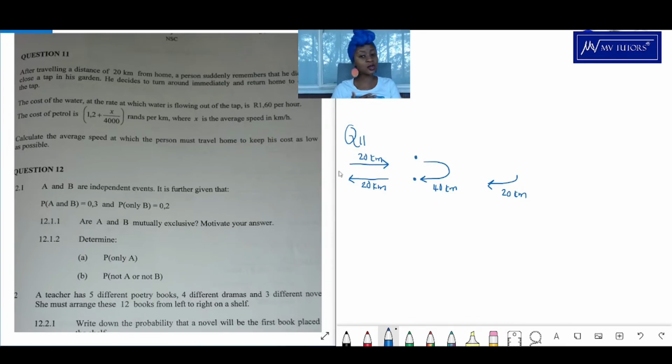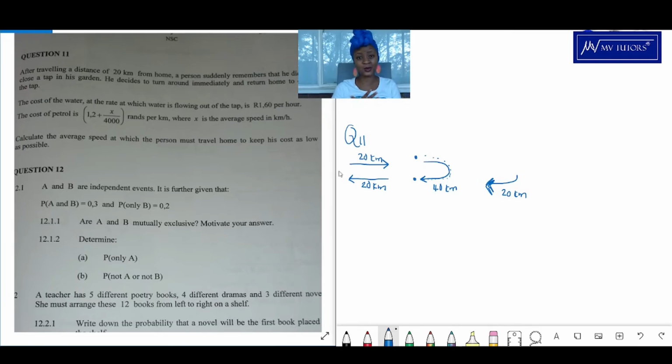So the cost of water has been running from the time he left home until he returned, and the petrol has also been used up over that time. If they only want half the distance, I don't know, is that the full reflection of the cost? If they say calculate the average speed at which the person must travel home to keep his cost as low as possible, are we just considering halfway, or the whole trip?